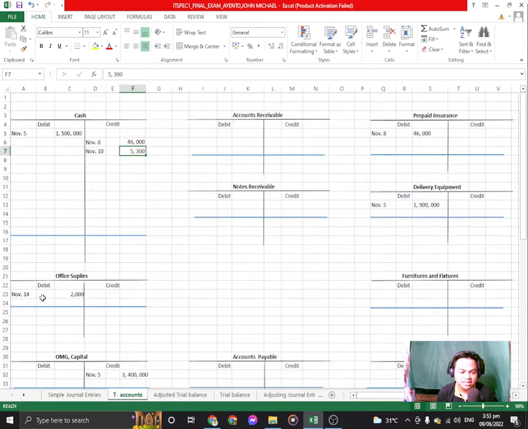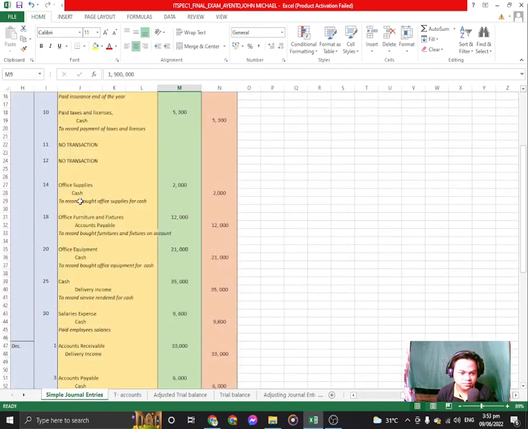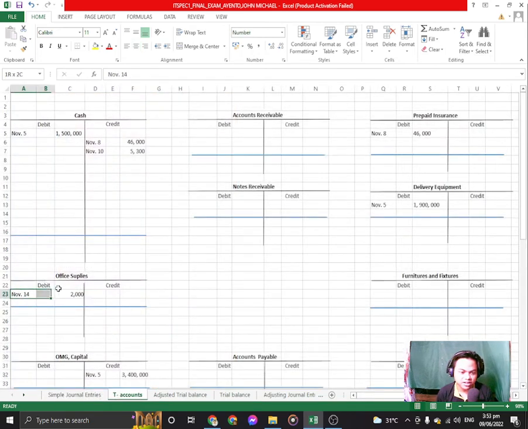November 14, 2,000 pesos, office supplies. And then copy it. Cash is its credit, so we don't need to place it here.